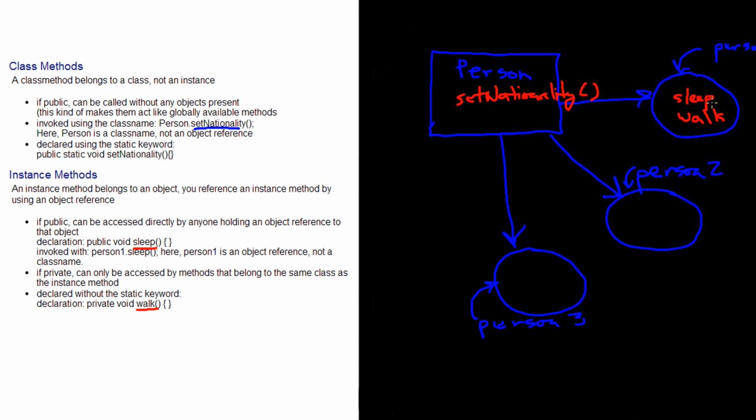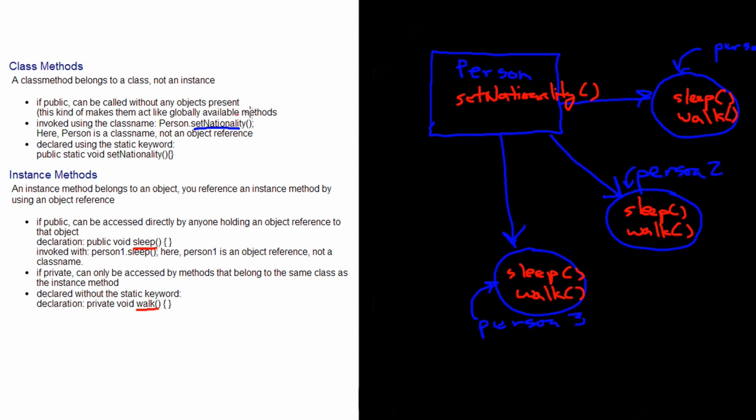And once you declare a method as an instance method, then all objects get those methods. So sleep and walk belong to the objects, not the class. But setNationality belongs to the class.